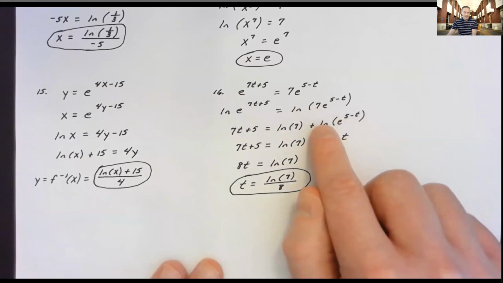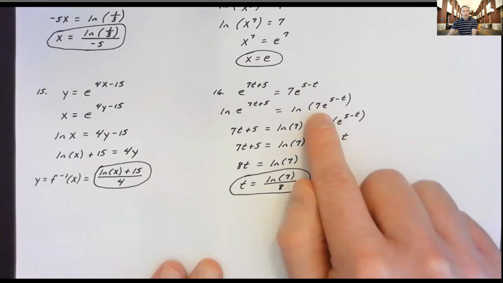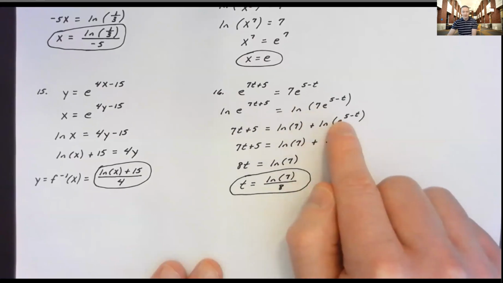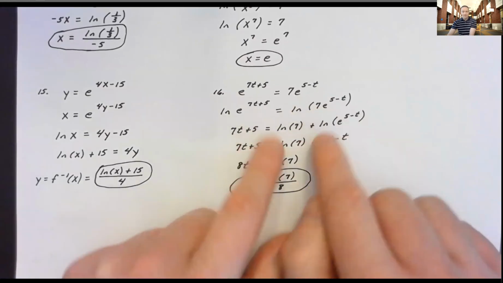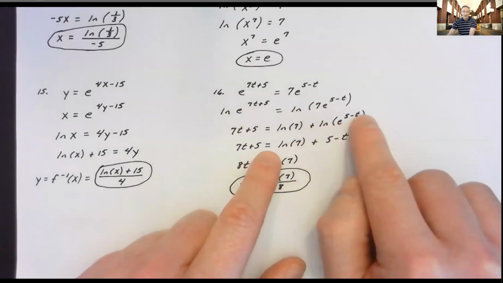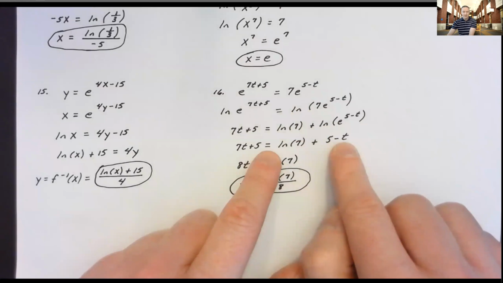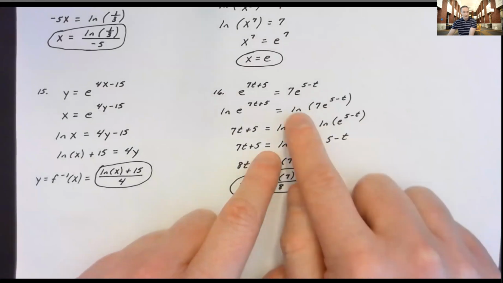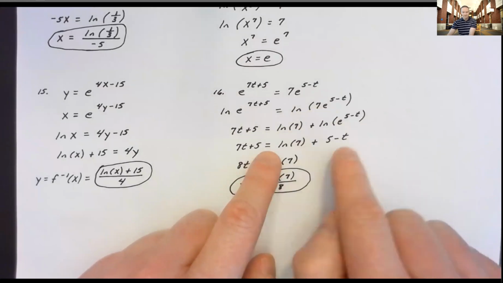Now at this point, that natural log and that e are inverse functions and can cancel out. So from this step to this step, all I'm showing is this natural log and this e canceled, and I'm getting the group 5 minus t. But please don't forget that the natural log of 7 is still in there.